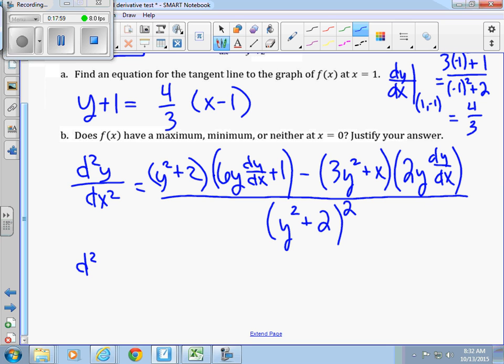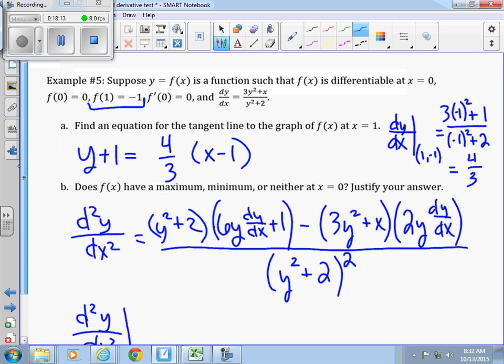So the second derivative at 0, 0, I'm going to plug in 0, 0 in for every x and y. What am I going to plug in for dy dx? Why 0? F prime of 0, 0. So isn't dy dx at 0, 0 also 0? So I can just plug in 0.